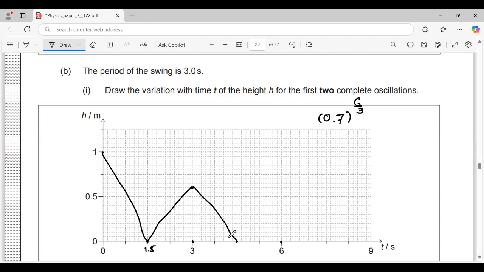So at 6 seconds, it is 0.7 to the power of 6 thirds, and it is 0.49, rounded to 0.5. So it's going to be 0.5 here.